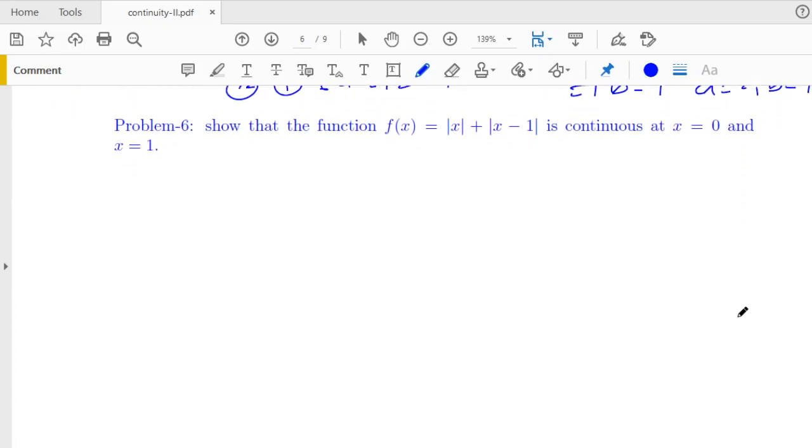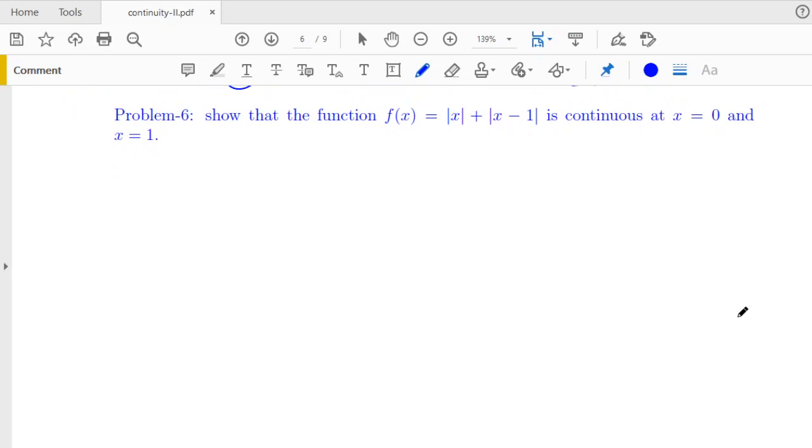Next problem, show that the function f of x equal to mod x plus mod of x minus 1 is continuous at x equal to 0 and x equal to 1. Given that, we know that mod x equal to plus x when x is greater than 0, equal to minus x when x is less than 0.